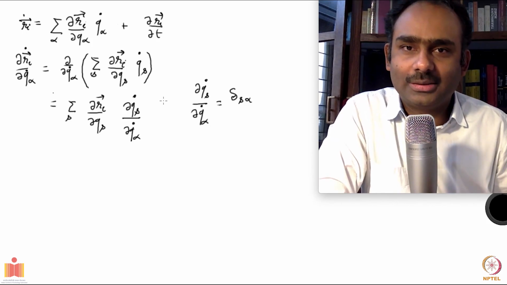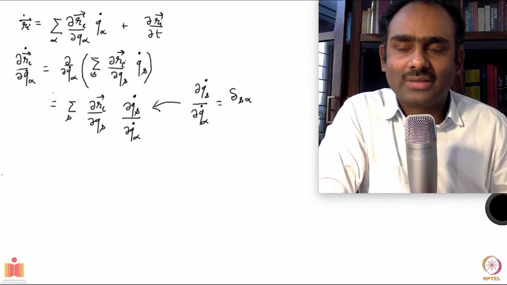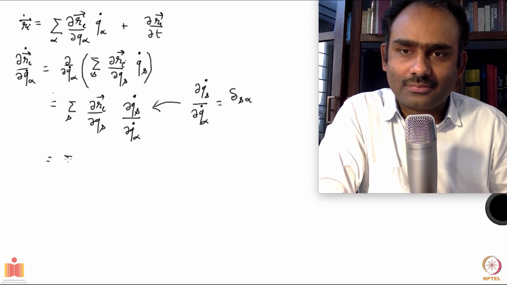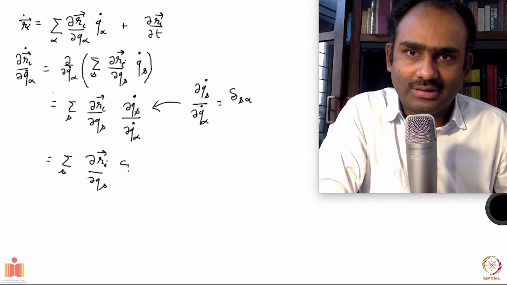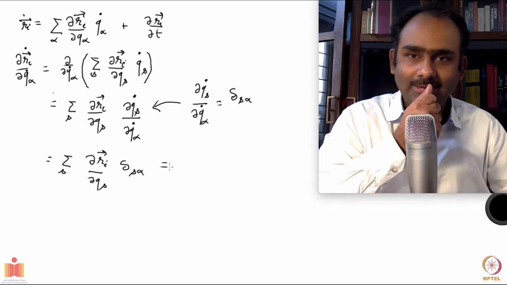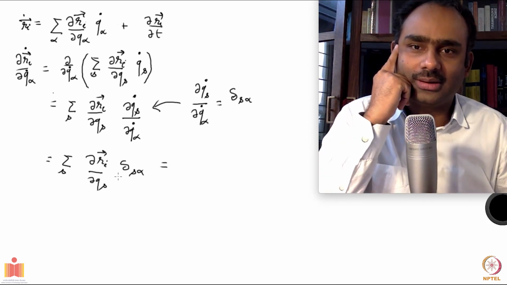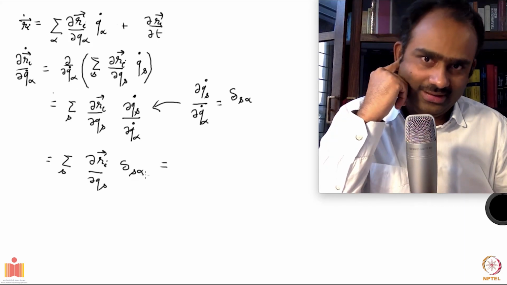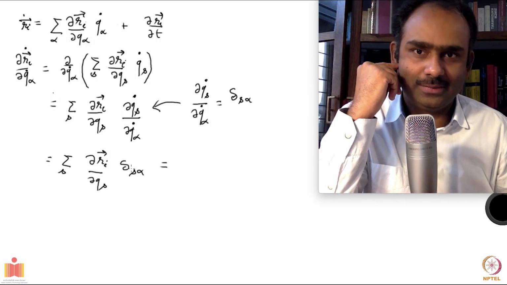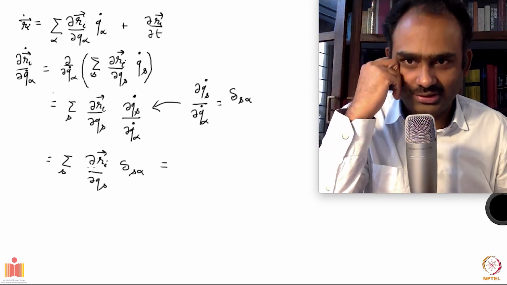So I substitute this thing here, and I get del Ri over del Q S times delta S alpha. Now what is that? Here there is a sum over S, and unless S and alpha are equal, it always gives 0. So it multiplies 0 to this and gives a 0 contribution.